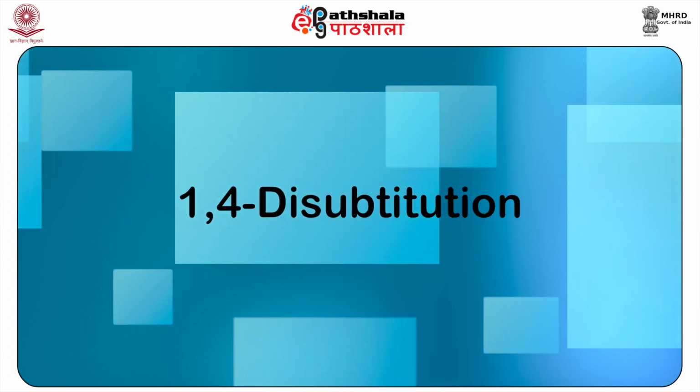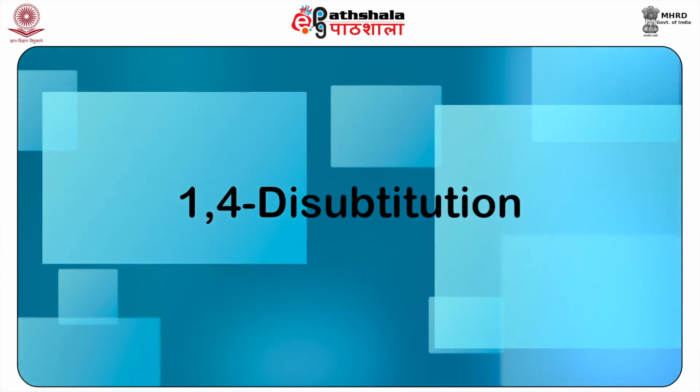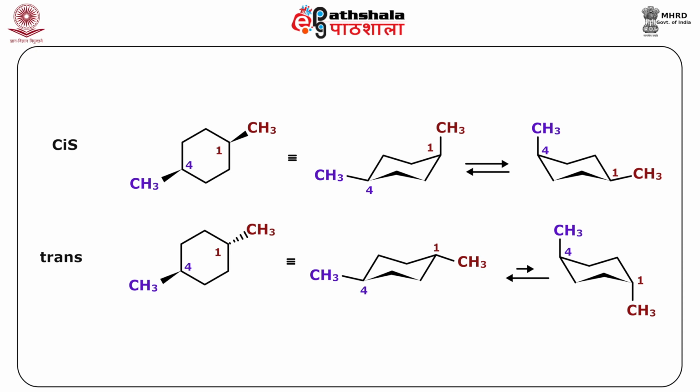Now, consider the case of 1,4-di substitution. The cis and trans isomers of 1,4-dimethyl cyclohexane are shown in the following figure. Again, you have the case of cis and trans absolutely equivalent to the monosubstituted one. That means axial and equatorial will be cis and axial and axial would be trans. Note that in the cis isomer, one of the methyl groups occupies an axial position while the other occupies an equatorial position, that is AE conformer.